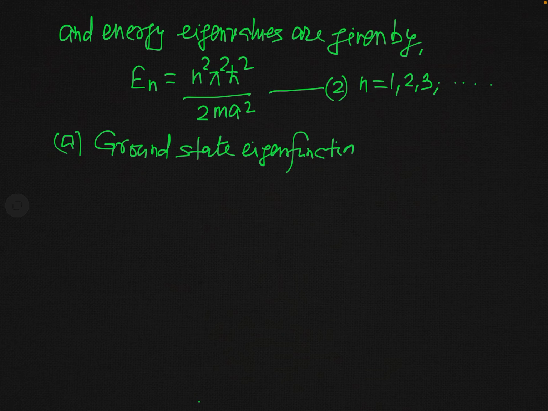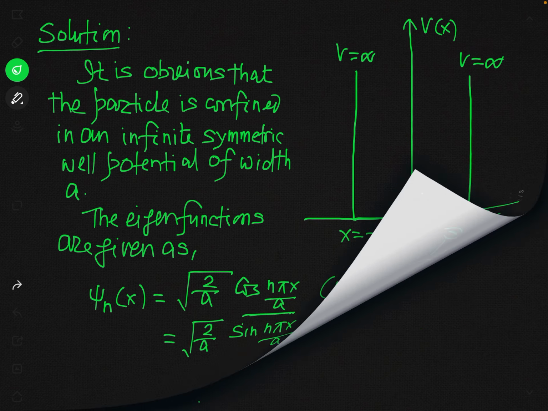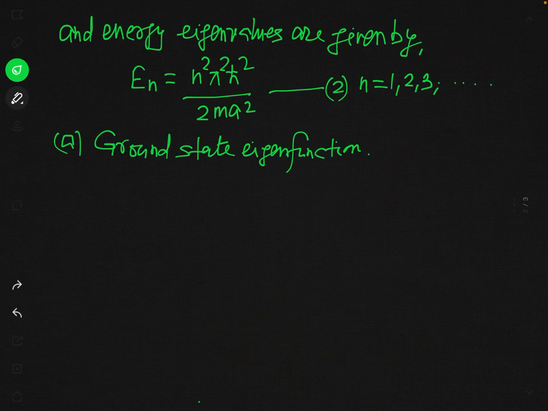When we consider the ground state, we take n equal to 1, and the eigenfunction is in terms of the cosine function, so psi_1(x) equals the square root of 2 over a cos(n pi x/a), but n is here 1, so this will be cos(pi x/a). This is the ground state eigenfunction.